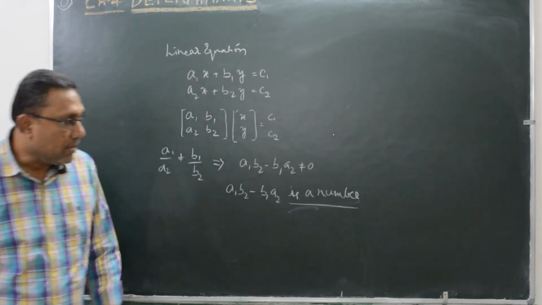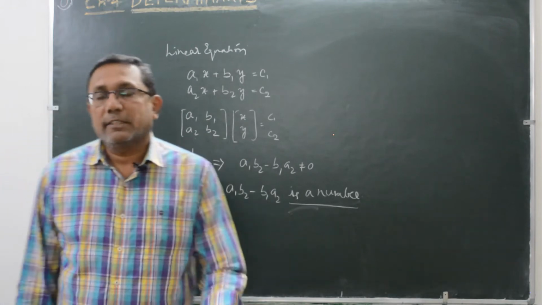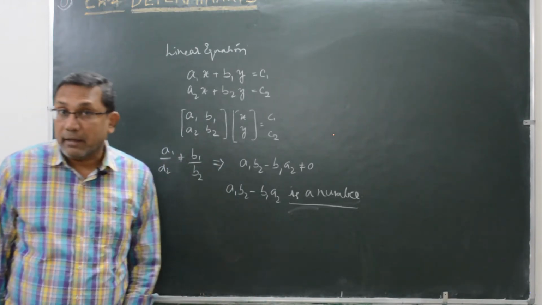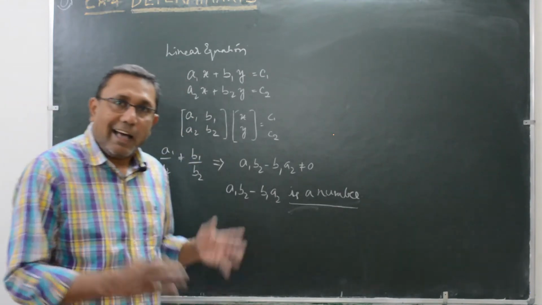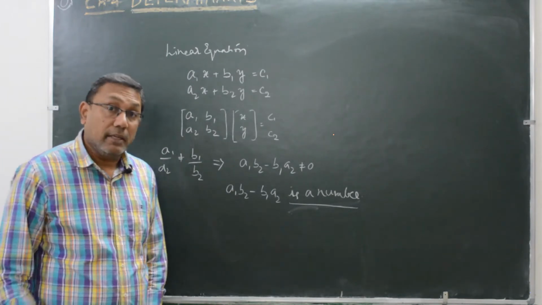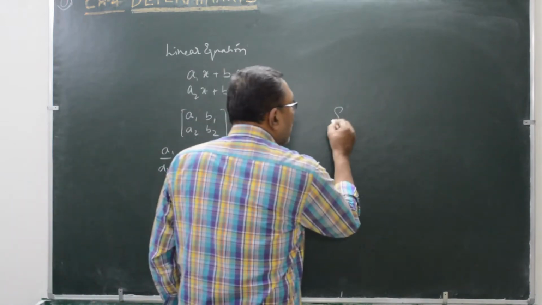Let us also understand the difference between the matrix and the determinant. A matrix is an array of two-dimensional numbers, and a determinant is a number obtained from a square matrix.